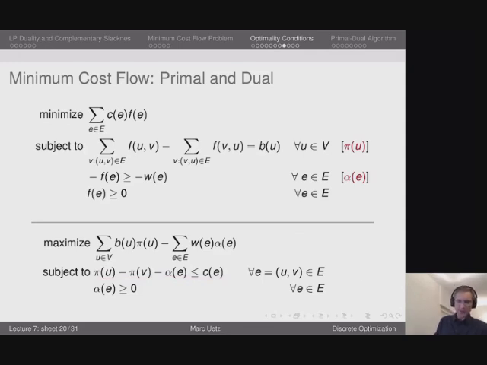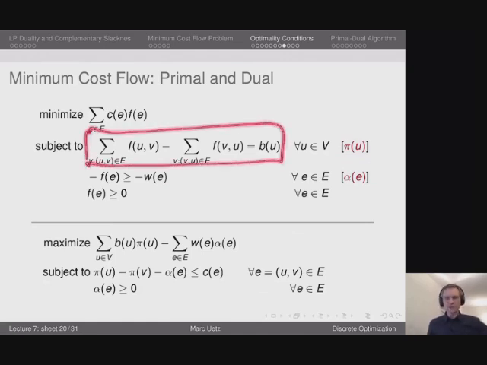Oh yeah, by the way, I forgot to mention one thing. In the dual, the alphas are required to be non-negative. So the alphas were the variables that belong to these inequalities here. Actually, the pi's are unrestricted in sign because they correspond to equality constraints, and the dual variables for equality constraints are always unrestricted in sign.